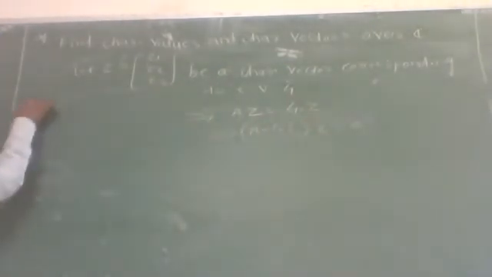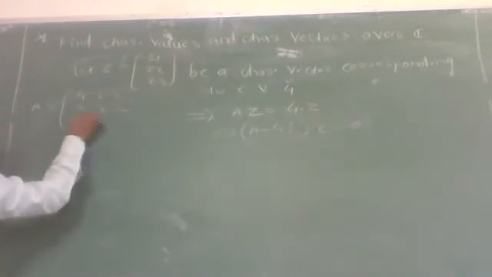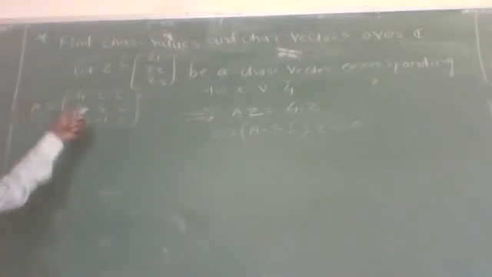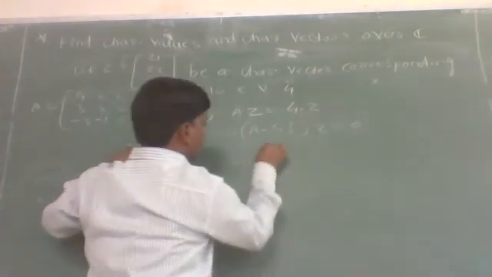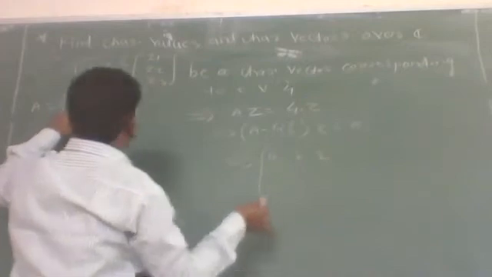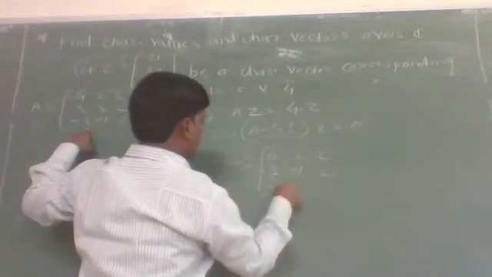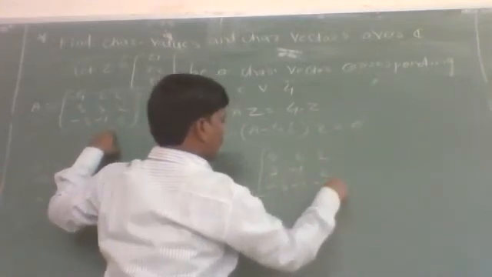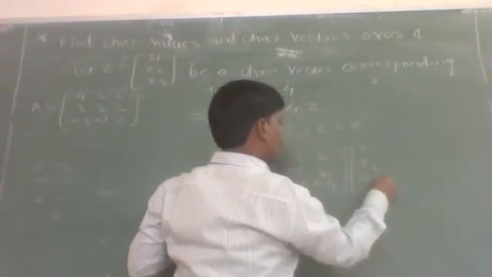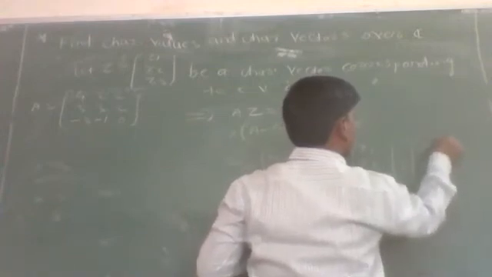Again, A is nothing but 4 2 2, 3 3 2, minus 3 minus 1 0. Now we have to subtract 4 from the diagonal elements, which implies 4 minus 4, 0, 2, 2, 3 minus 1, 2, minus 3, minus 1, minus of 4, times z1 z2 z3 is equal to 0 0 0.